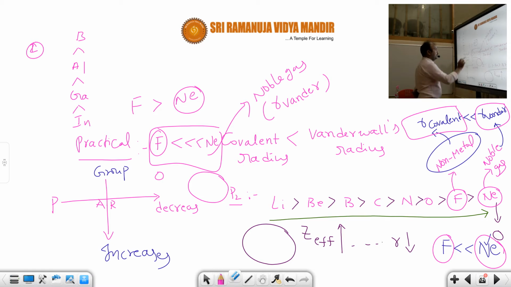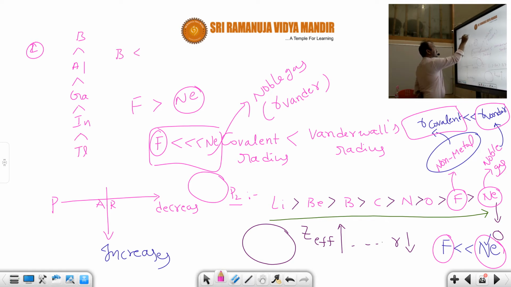So the atomic size increasing order in the group is boron, aluminum, gallium, indium, thallium. Atomic size or atomic radius, whatever it may be, both are the same.